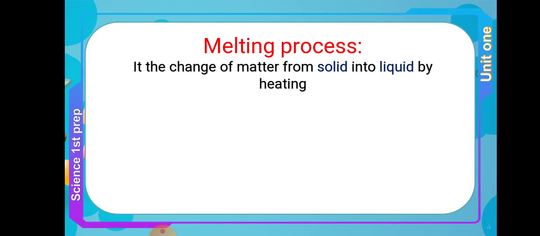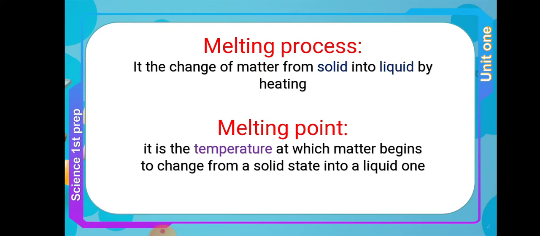So I can define the melting process. It is the change of matter from solid state into liquid state by heating. But the melting point is the temperature at which matter begins to change from solid state into liquid state.